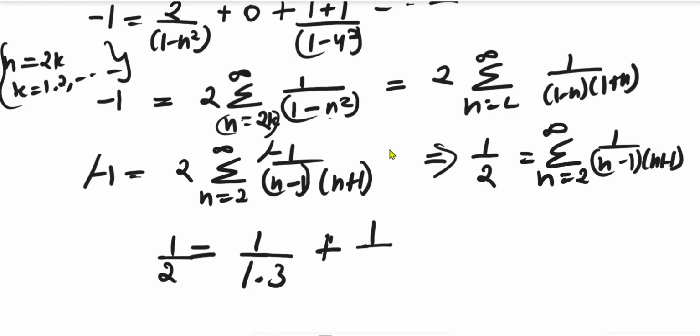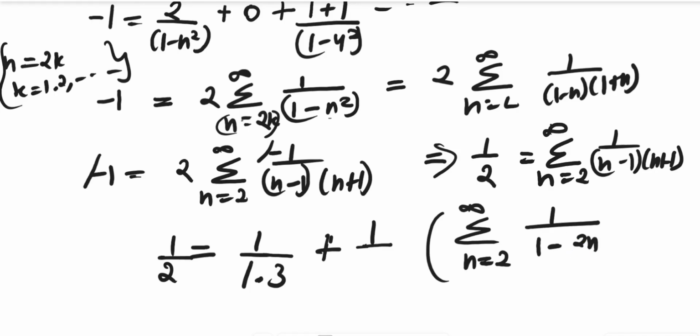So इसको हम और भी तरीके से लिख सकते हैं, that is summation n is from 2 to infinity 1 upon 1 minus 2n का whole square. Now अगर हम 2n ले रहे हैं n is equal to 1 पे हमारे पास क्या आएगा? 2. So n कहाँ से हो रहा है? It is already from 2 to infinity.